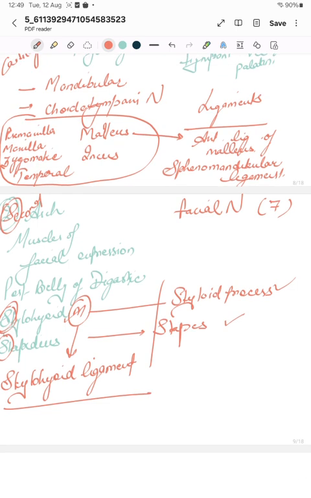Which part? Suppose this is the hyoid bone, this is the lesser cornu, this is the greater cornu, and this is the body.